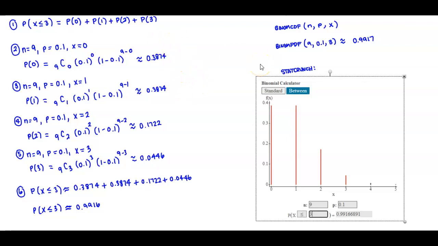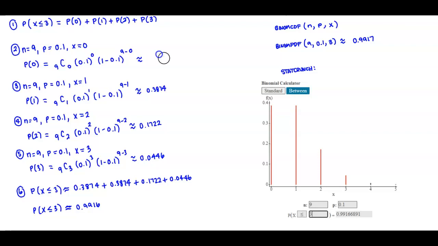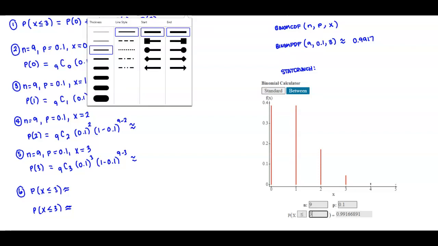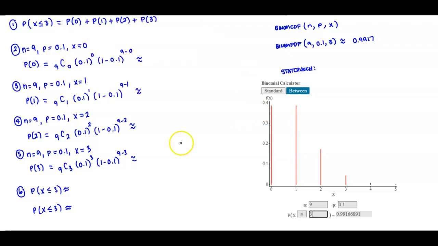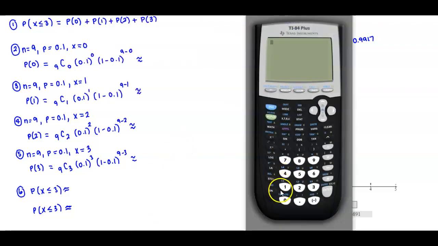Instead of rounding each one of these to 4 decimal places, we're going to write down the full result so that we can see that when we round before we add, that's why we get a small error in our calculation. So let's go ahead and do this again.